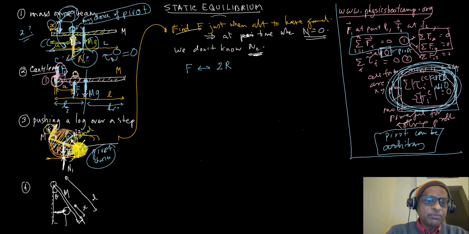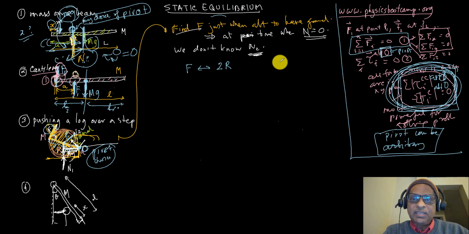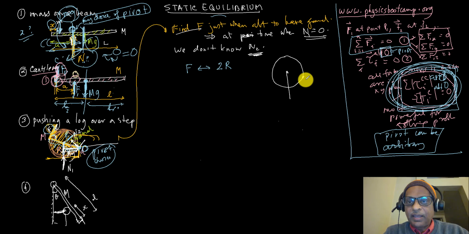Well, we have to draw a perpendicular to mg, so this distance will be the lever arm. For mg, the mg line is this way, and this distance is a, and this distance is r, and we want that distance. That is the lever arm.